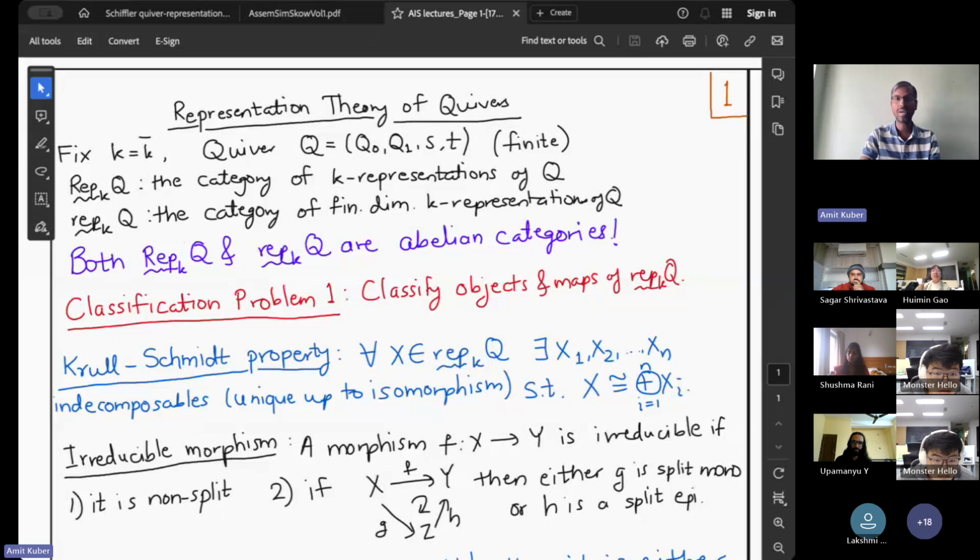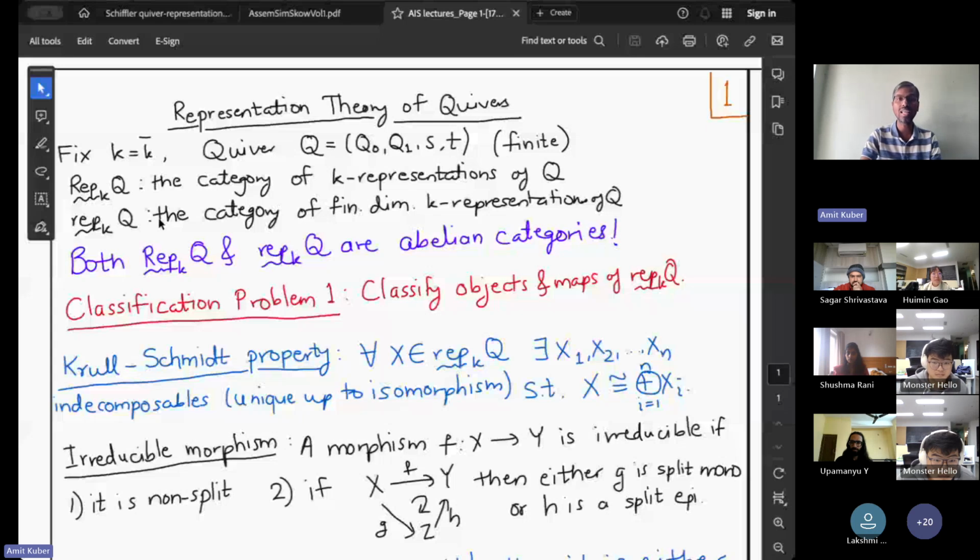As simple as that. So category of representations means representations as well as morphisms between them. So we have to talk about the hom sets in those categories. And the category of finite dimensional representations I'm going to denote by small rep_k Q. The r is small here.